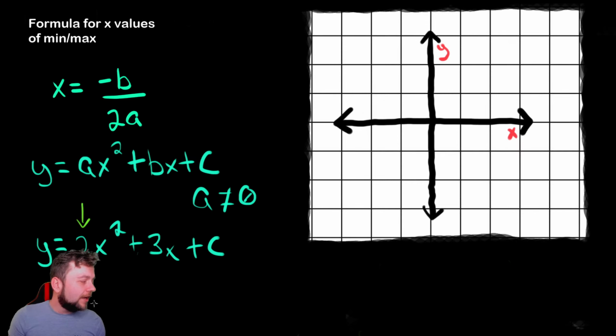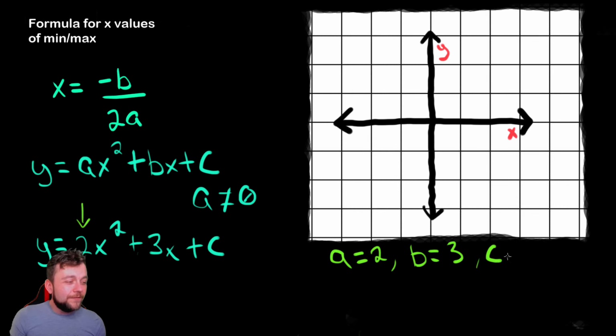Our a value equals 2, our b value equals 3, and our c value equals 1. I didn't put a c value. Let's erase that. 1. Okay?